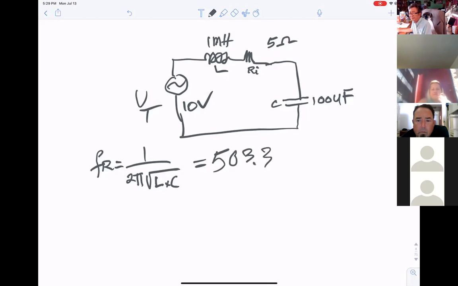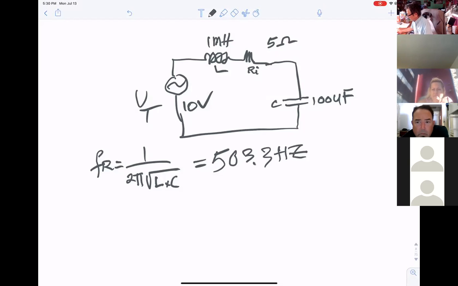What is it? That's hertz, right? The resonance frequency is in hertz. I don't mind whether the calculation is right or wrong. However, I'm just telling you, at this frequency, XC and XL will be equal.